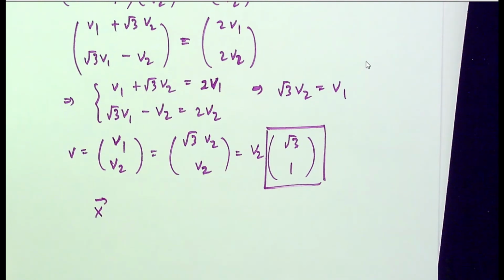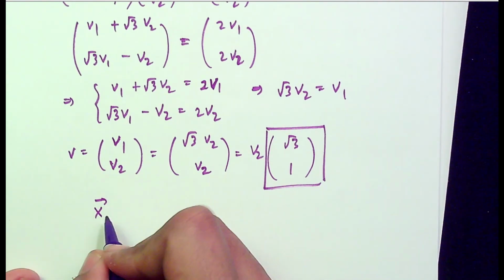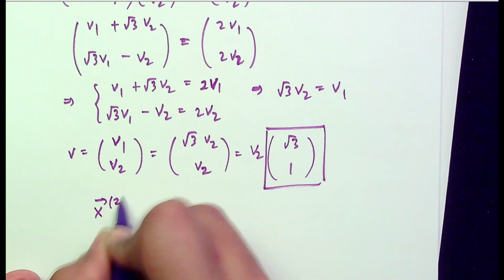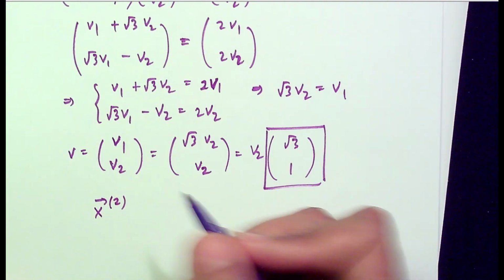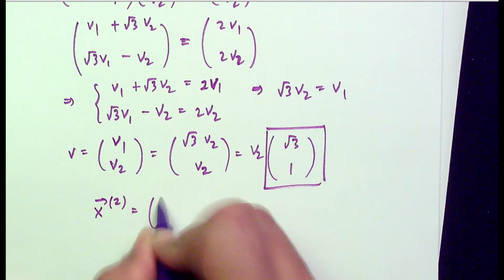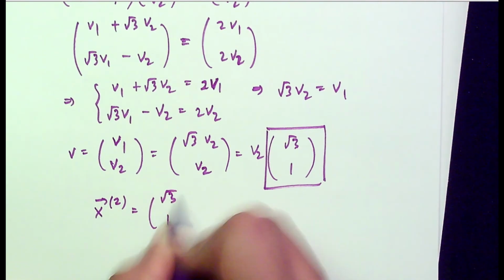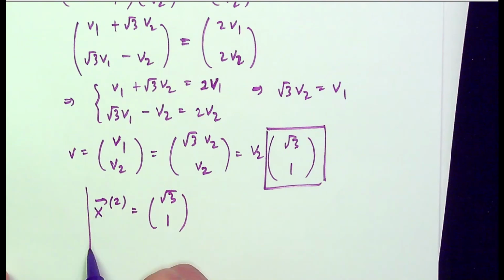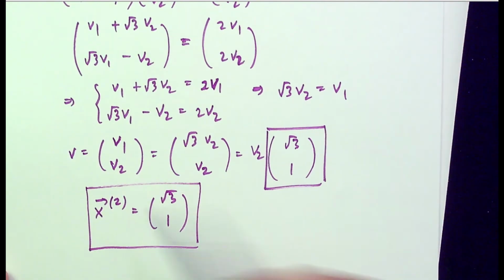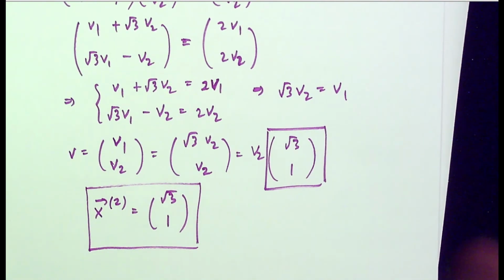By the way, the notation in the book is actually not a subscript, it's a superscript. So the eigenvector corresponding to the second eigenvalue is square root of 3, 1.